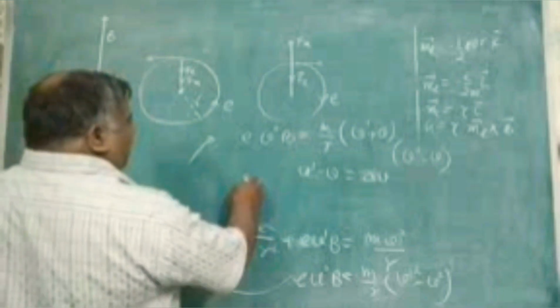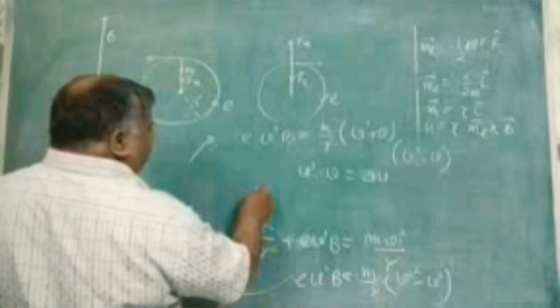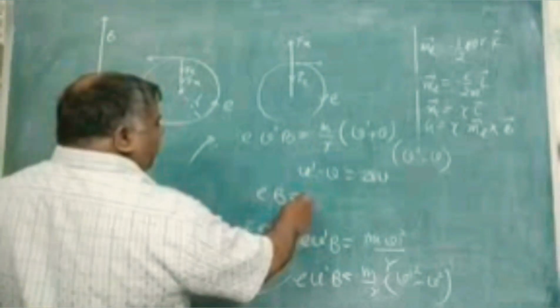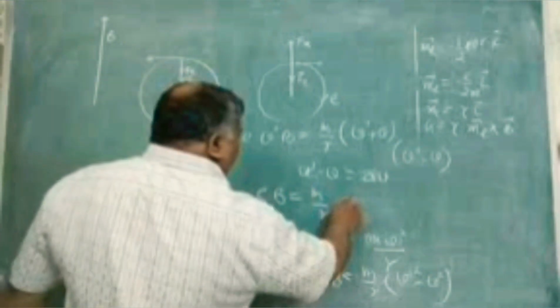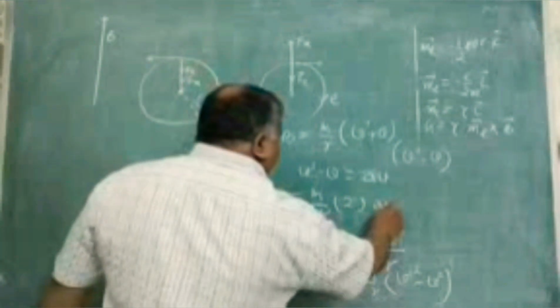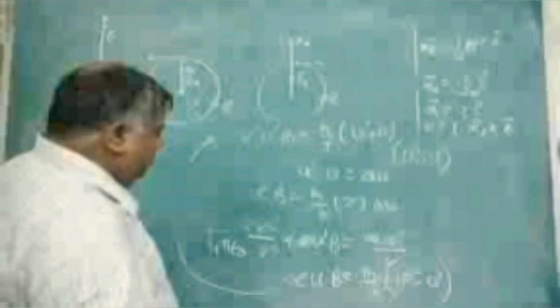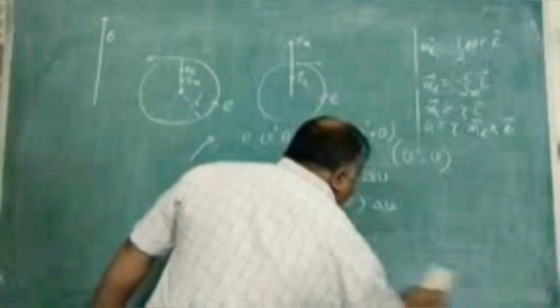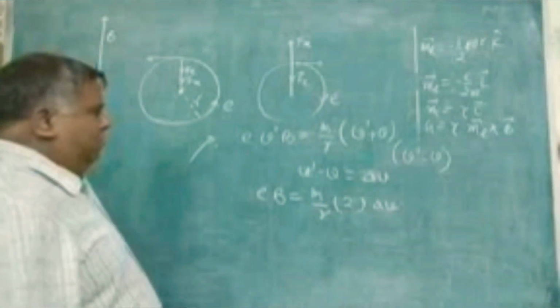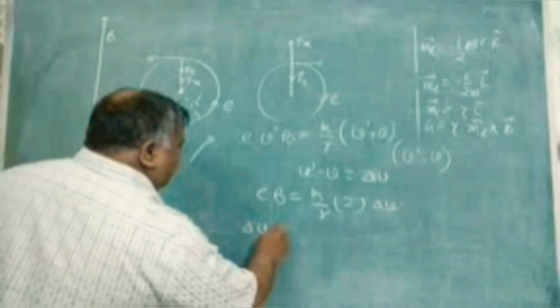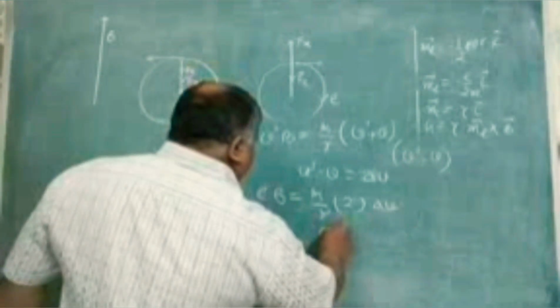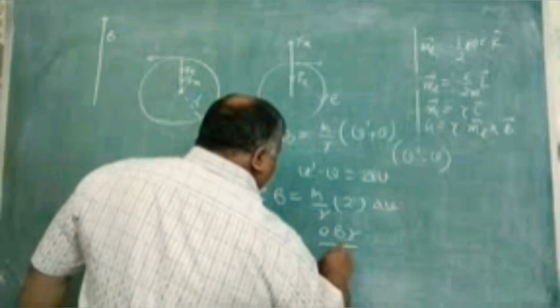So finally we have E V B equal to m over r 2 delta V. Or delta V equal to E B R over 2m.